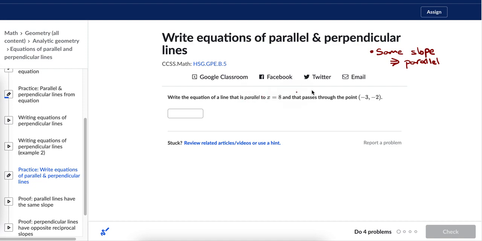Right, that's what we're looking for here. And opposite sign reciprocal is perpendicular. Okay, so those are the two things we've got to remind ourselves of.